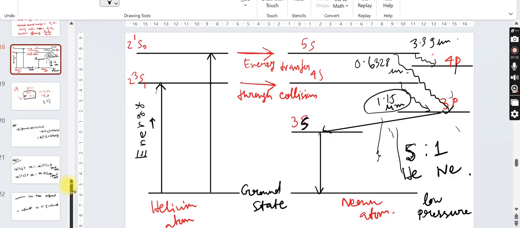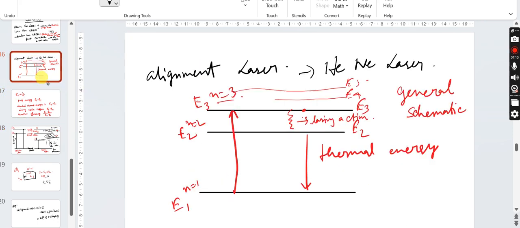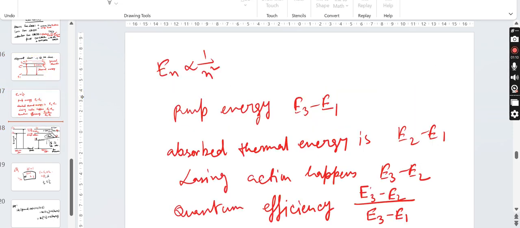Now we can say that the helium neon laser is an atomic gas laser.